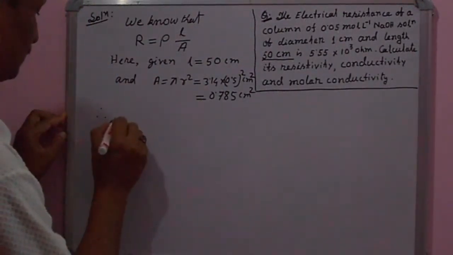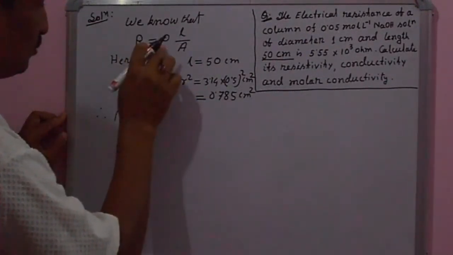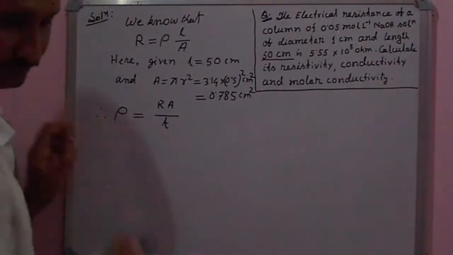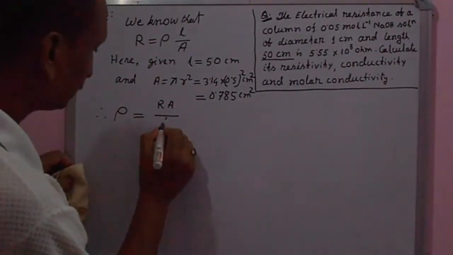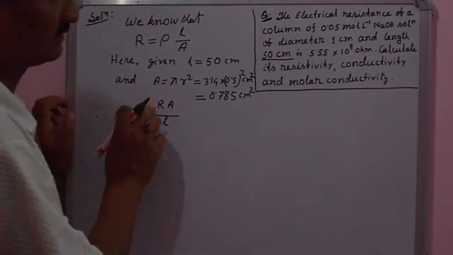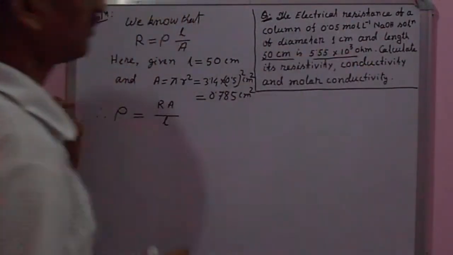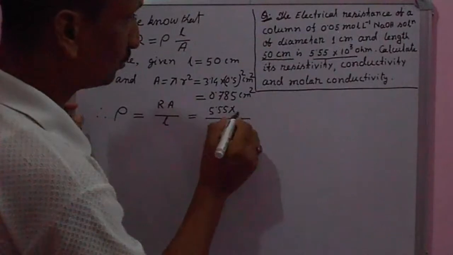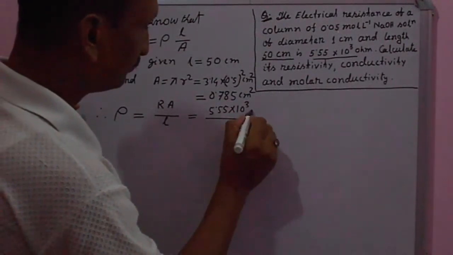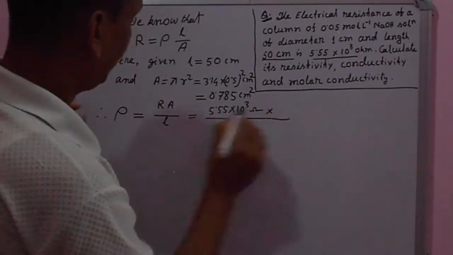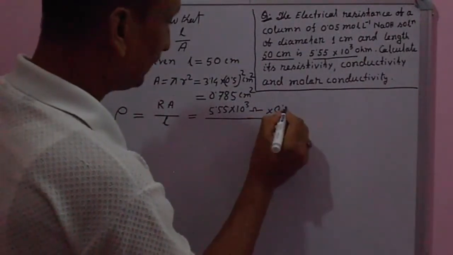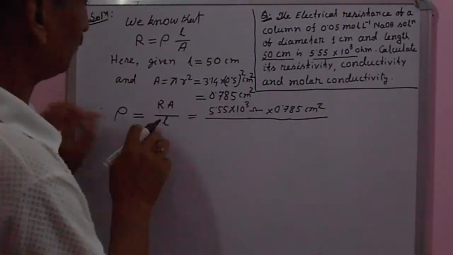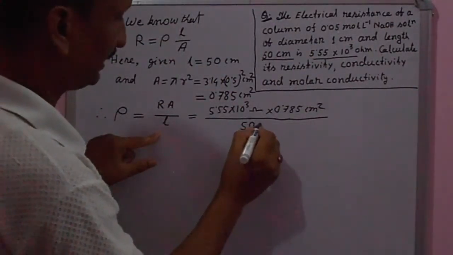Therefore resistivity rho, from this equation, rho will be equal to R into A by L. Now put the value of R, that is given, 5.55 into 10 to the power 3 ohm, value of A, that is coming out 0.785 centimeter square, and value of L, that is 50 centimeter.